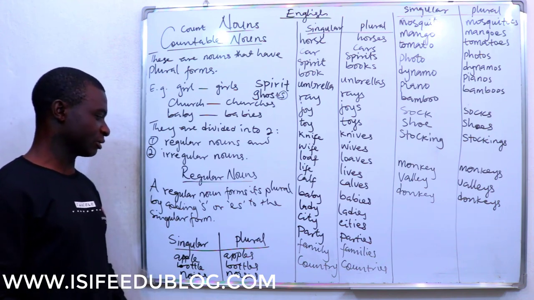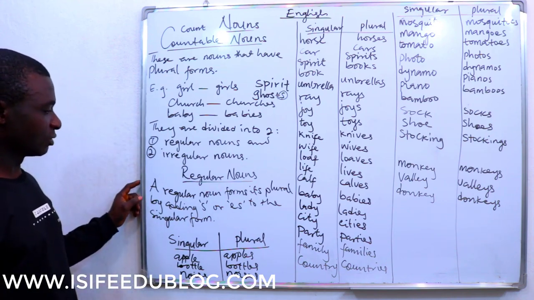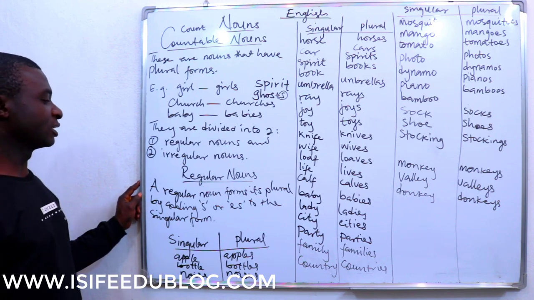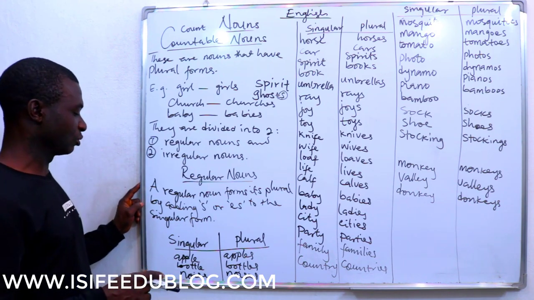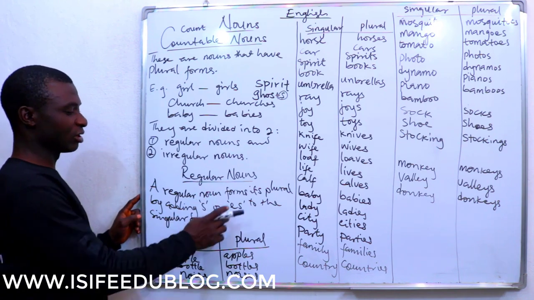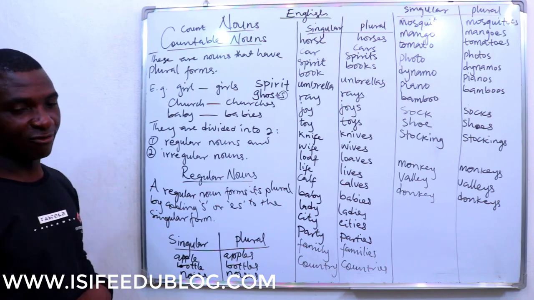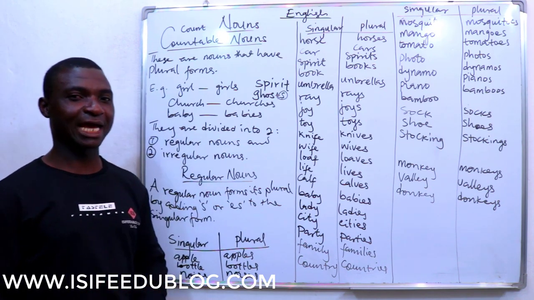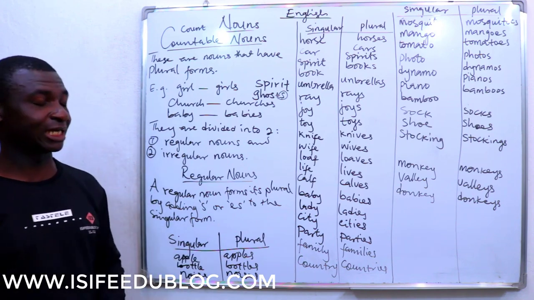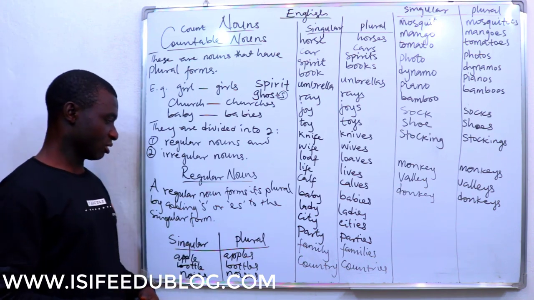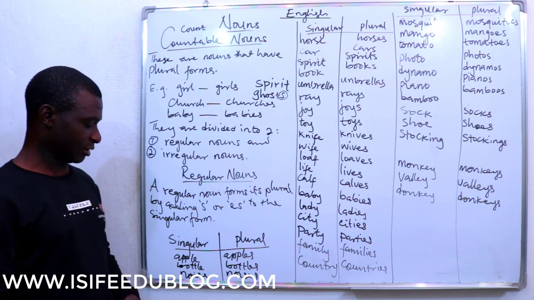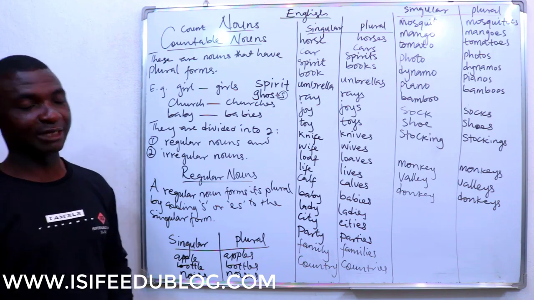What is a regular noun? A regular noun is a noun that forms its plural by adding s or es to the singular form.